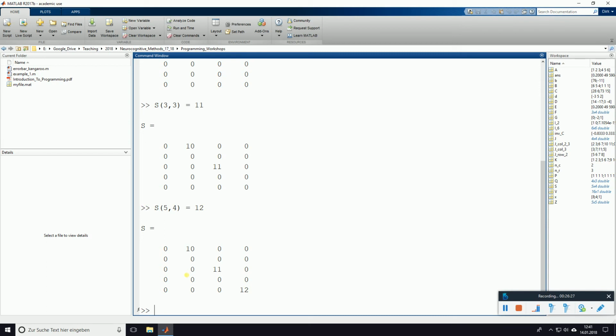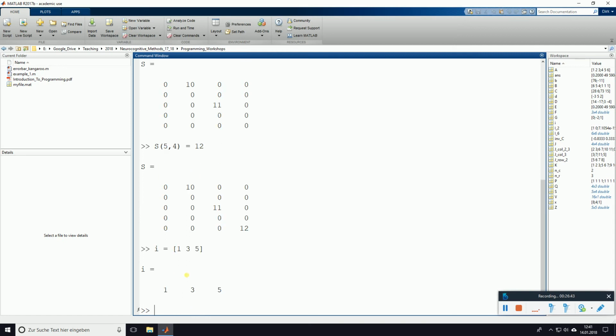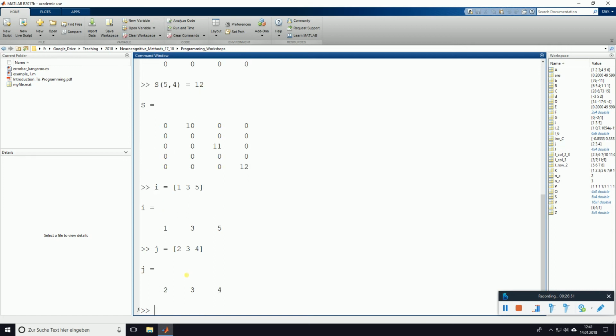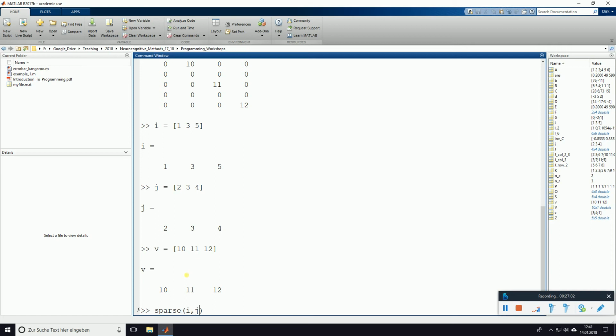This can be created using the sparse command by first specifying the row indices. So that's 1, 3, and 5. Then the column indices, so that's 2, 3, and 4. And lastly, the entries, so that was 10, 11, 12. So we can use sparse(I, J, V) to create our sparse matrix here.